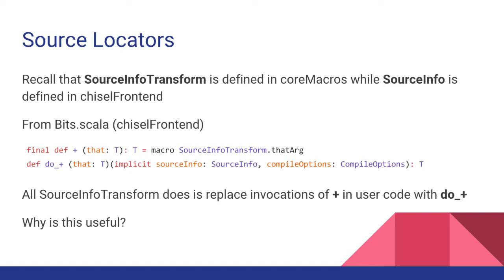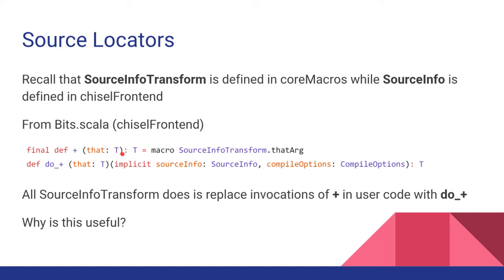Now, for those who know a little bit more about how implicits in Scala work, which I suspect most of you don't, it turns out that we don't actually need the SourceInfoTransform macro. We could have instead said final def +(that: T), and then taken this whole implicit argument list and stuck it right there. If we did that, source locators would work just as well as they do today.